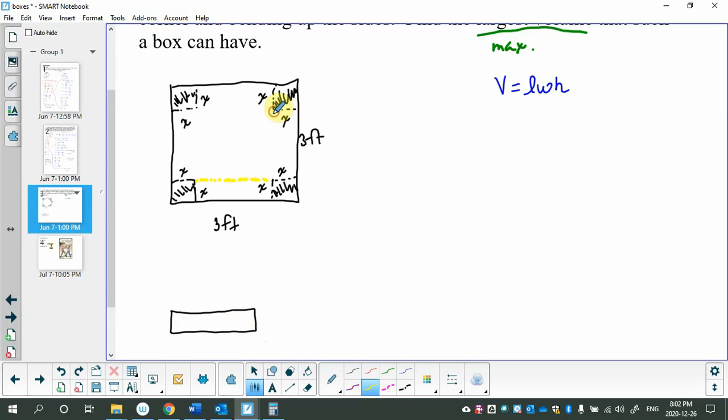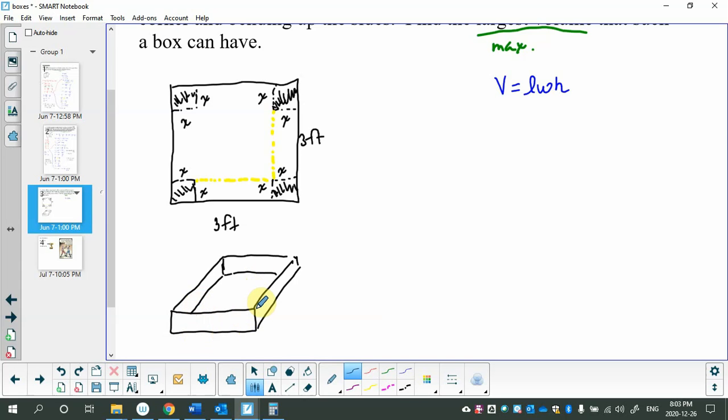And then you bend up this side here, and it becomes the side. And you do that all the way around, and you end up with that.